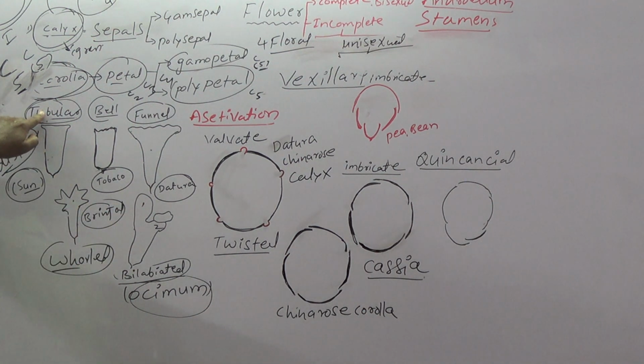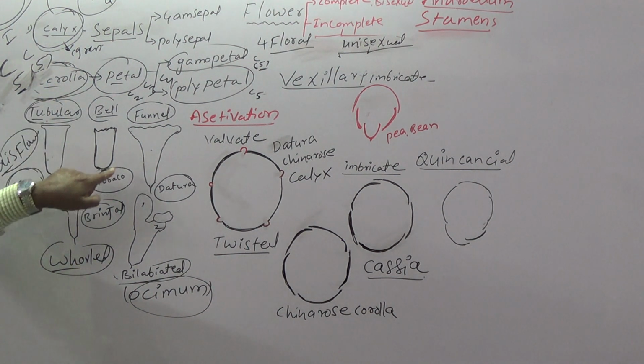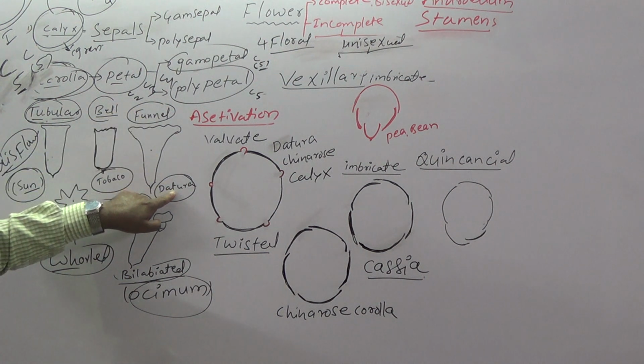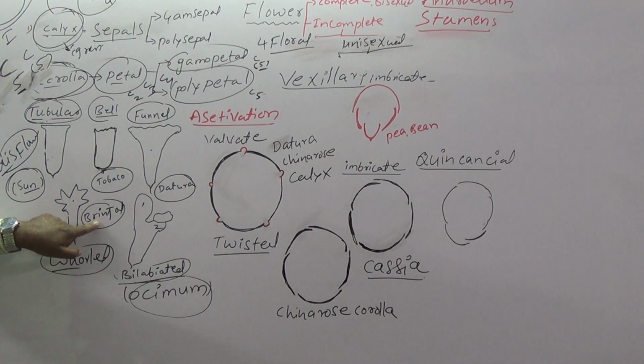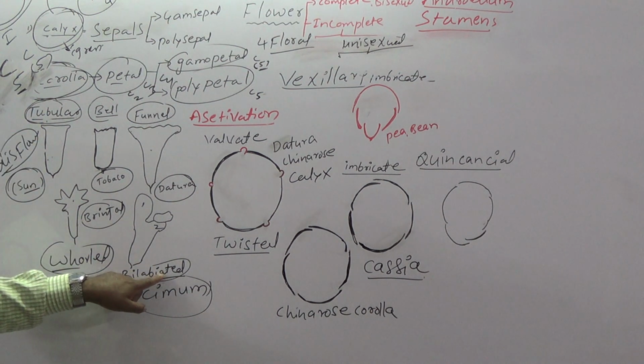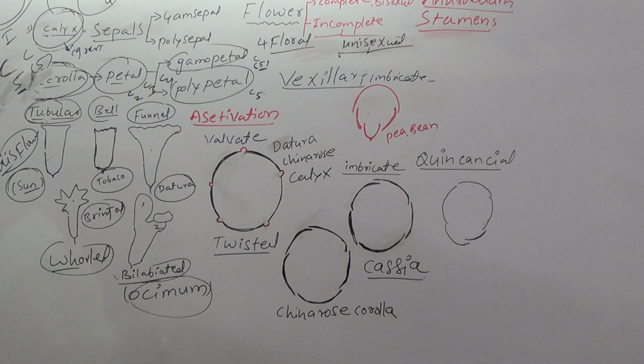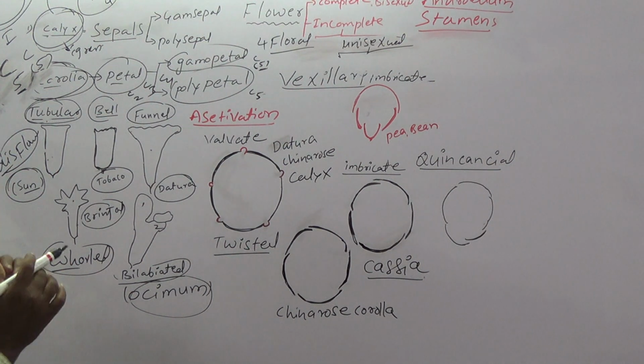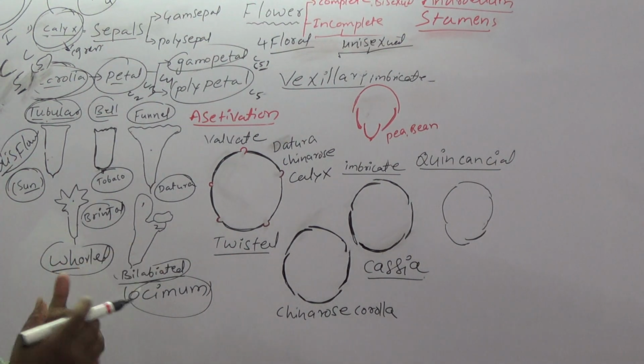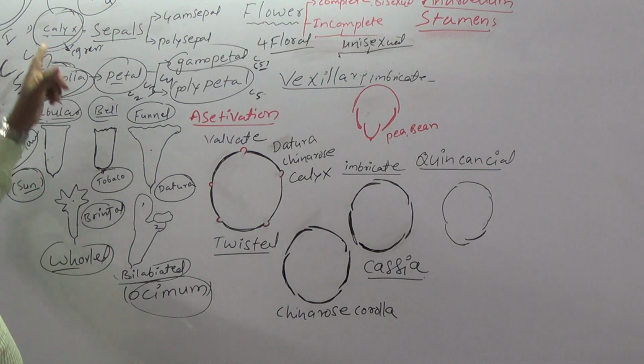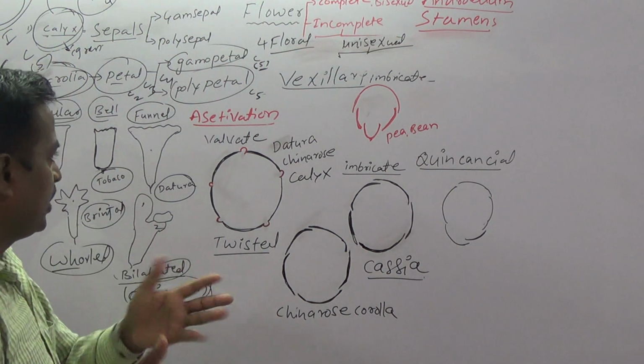The tubular shaped corolla is reported in the disc flowers of sunflower, bell shaped corolla in tobacco, funnel shaped corolla in datura, wheel shaped corolla in brinjal, and bilabiate corolla in ocimum. So the corolla has different morphology, colors and shapes for pollination, but the calyx does not express different morphology.